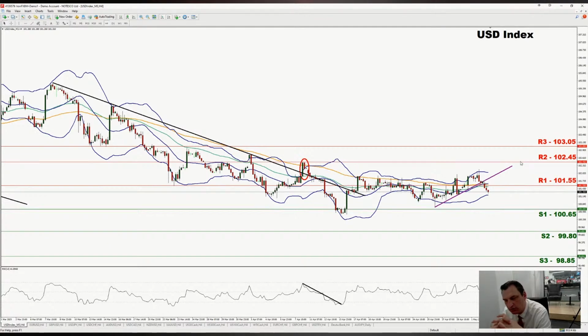Now, should the Fed maintain a hawkish tone, which may more or less imply that more rate hikes are possible, that would contradict market sentiment, which expects the bank to remain on hold and start cutting rates.